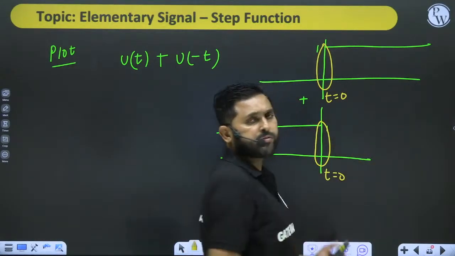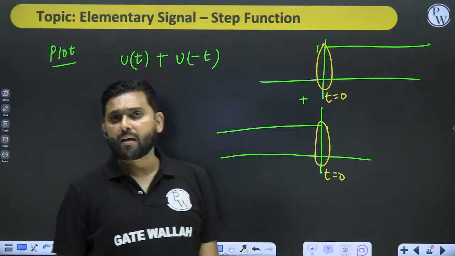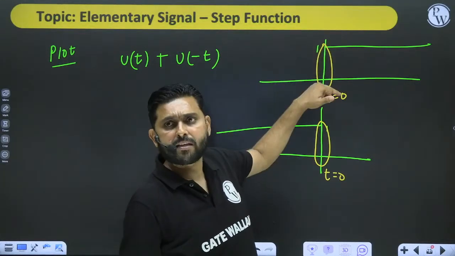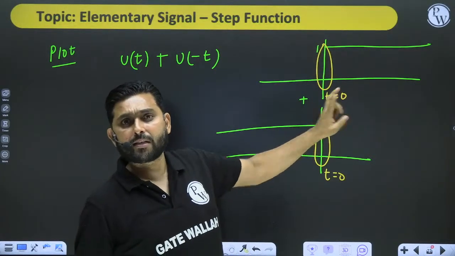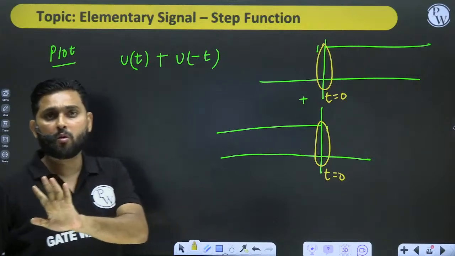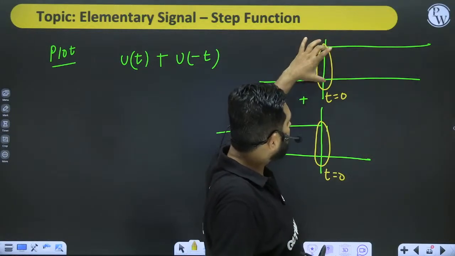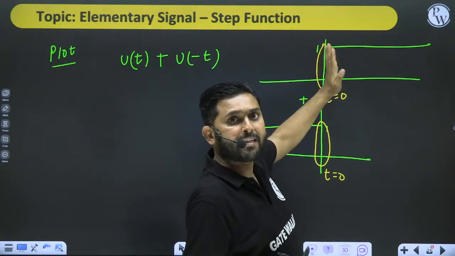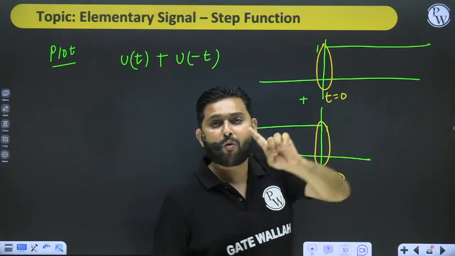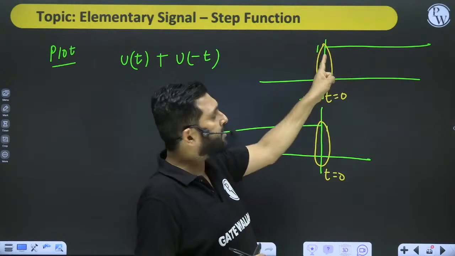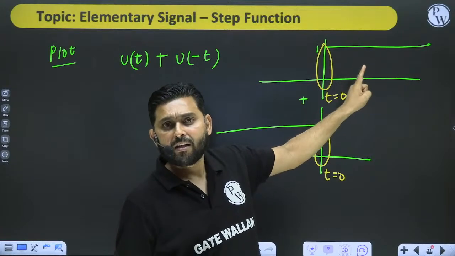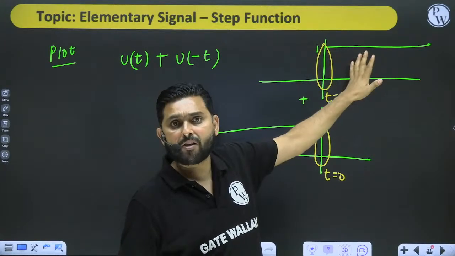Just now I told you in the beginning that the value at the origin is not 1, it's a half. Just see the lecture from the beginning. What I am saying is that the value at discontinuity is not 1. The value at the point of discontinuity is the average of the values.